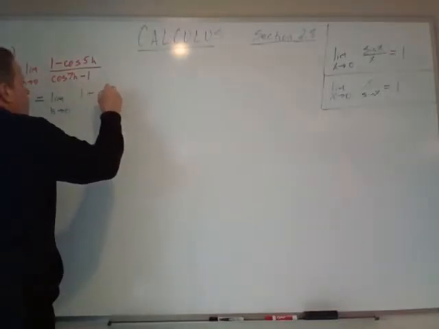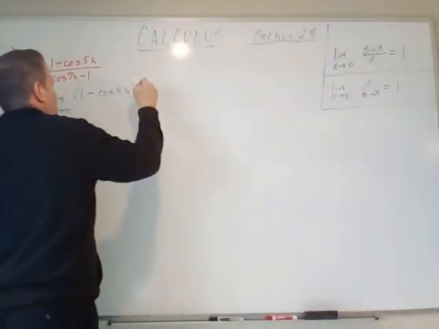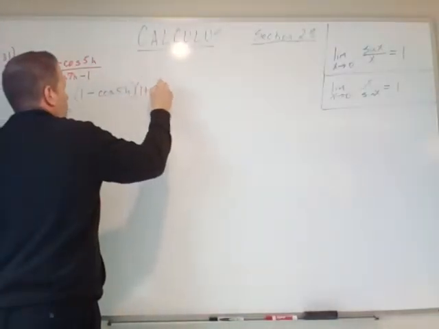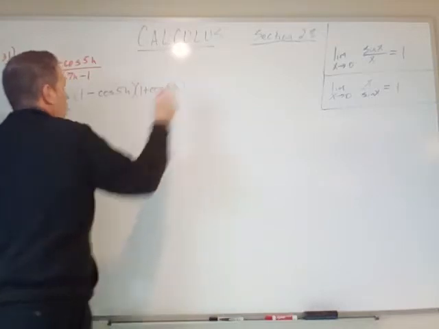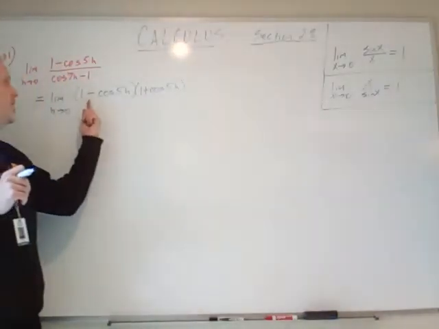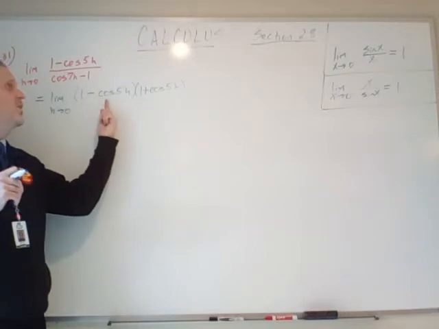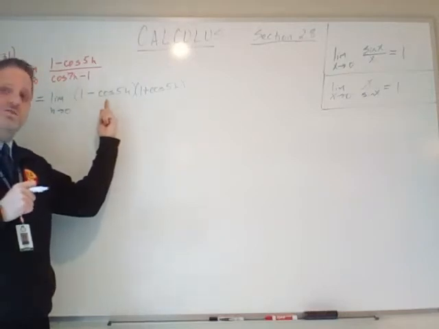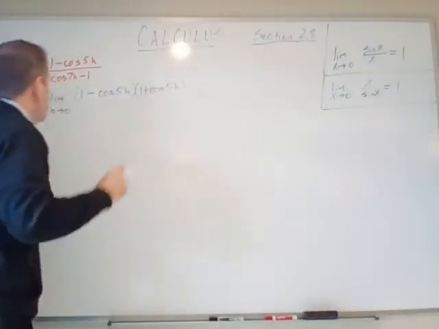So in order to get a conjugate, I'm going to make it 1 plus the cosine of 5h. Now what that will do is make the numerator into 1 minus the cosine squared of 5h, which then we can turn into the sine squared of 5h.